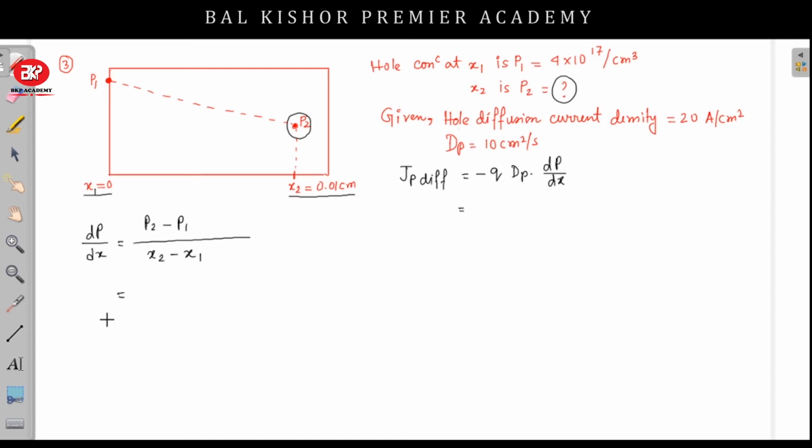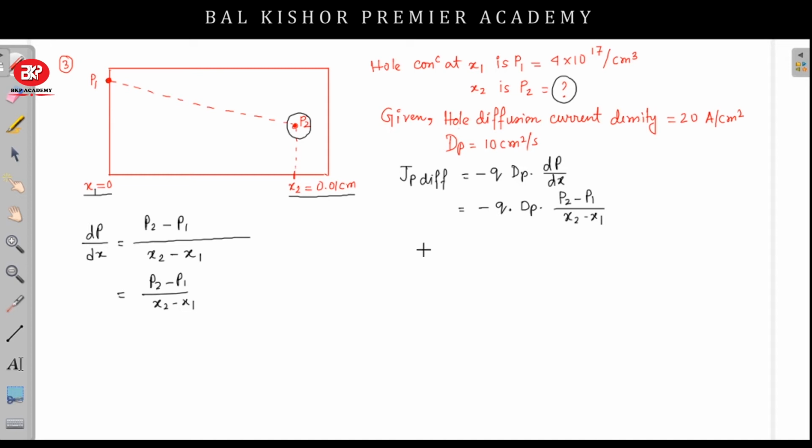So for that case you can say that p2 value we do not know, so we can find the value of p2. So p2 minus p1 divided by x2 minus x1. So let us put this value here. So in this case it will be minus q into Dp, so it will be p2 minus p1 divided by x2 minus x1.